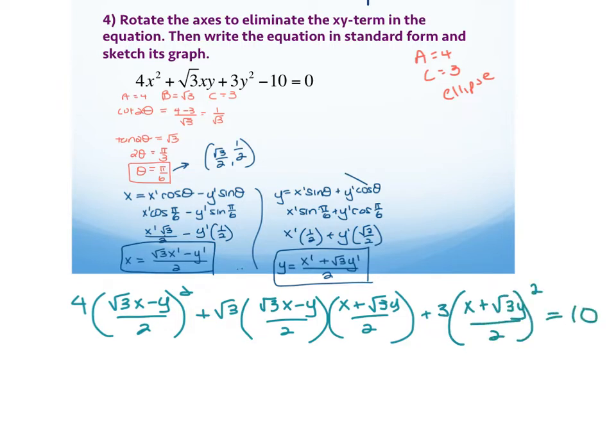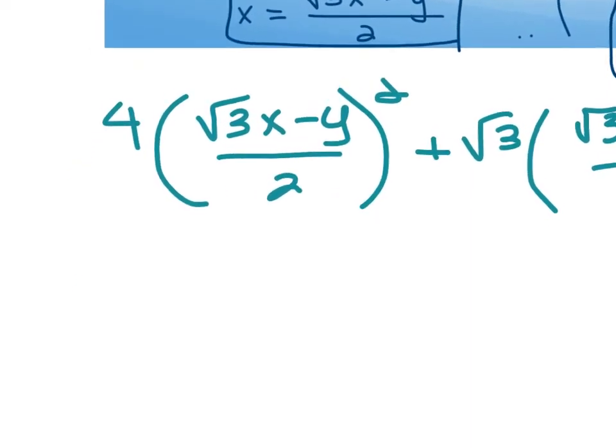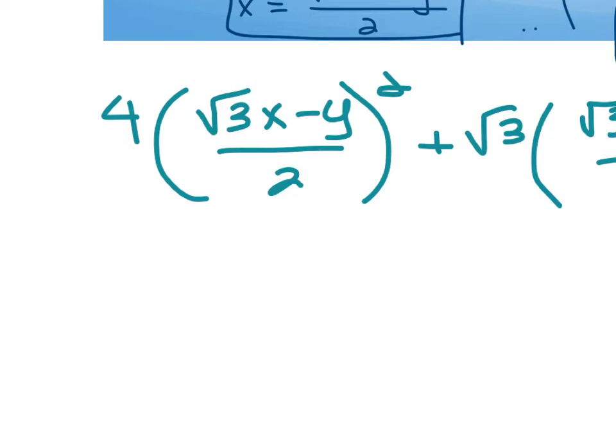And I'm going to bump the 10 to the other side because it's going to go there eventually anyways. With me so far? Okay, then this is that second algebra skill that we talked about that you could use to help you speed the process up.